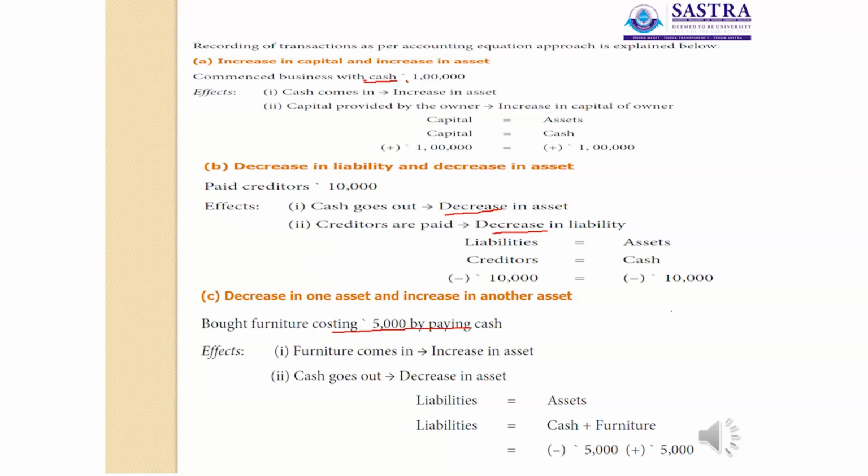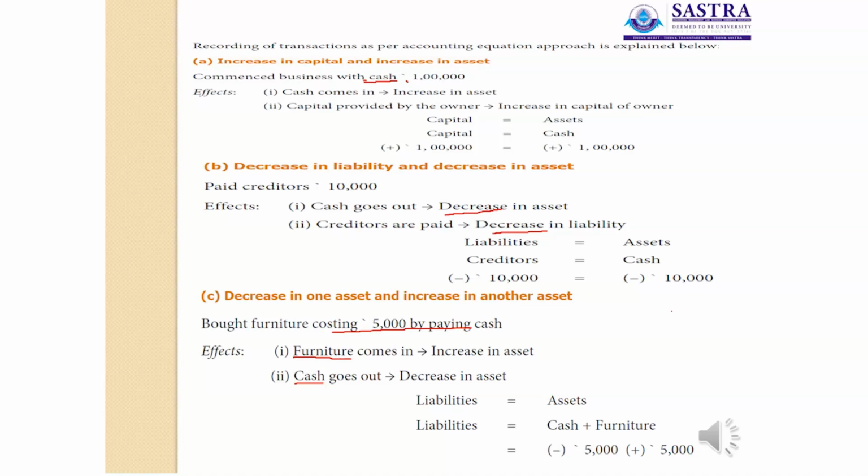Furniture comes into the business, cash goes out of the business. What is the effect of the transaction? Furniture comes in, so automatically the asset is increased. Cash goes out, so the asset value decreased.